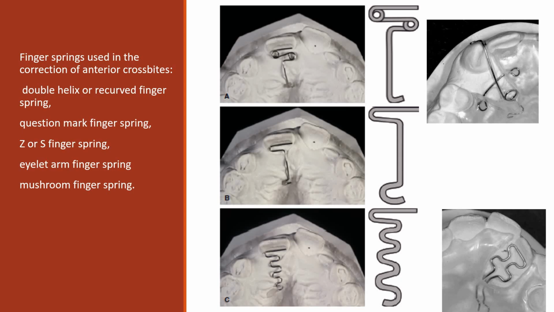As we have said, the active components of a removable appliance are responsible for conducting the desired tooth movement. They can be categorized as springs, bows, screws, and auxiliary elastics. Springs, as you see here in the picture: mechanical principles should be considered when applying a force to any tooth with a spring.